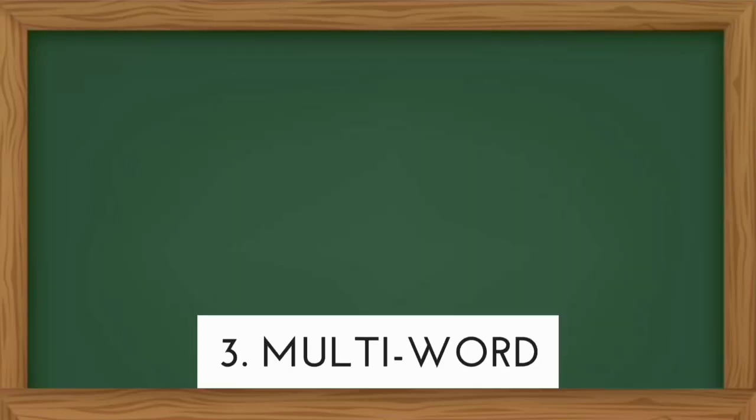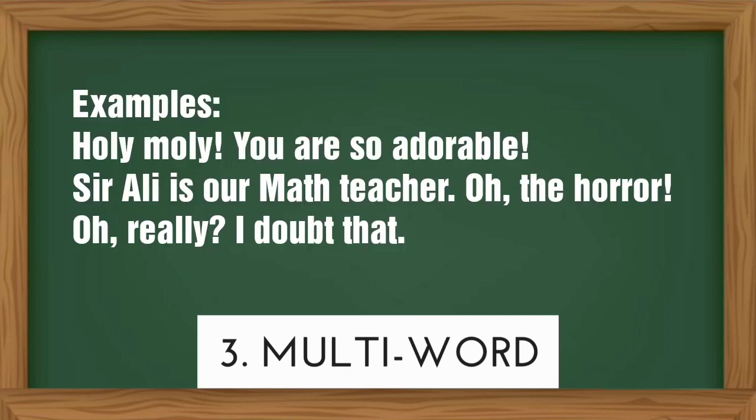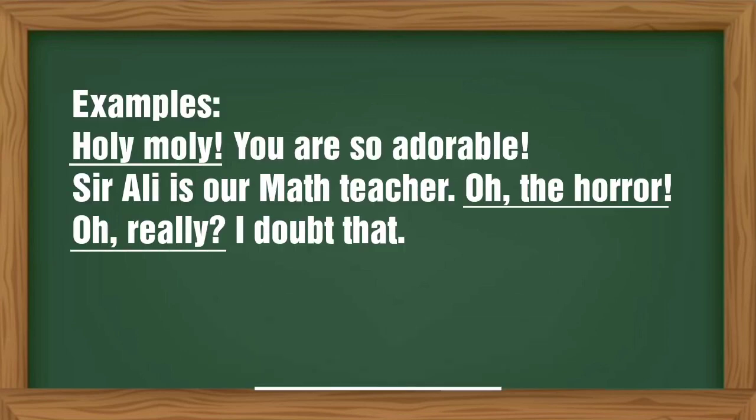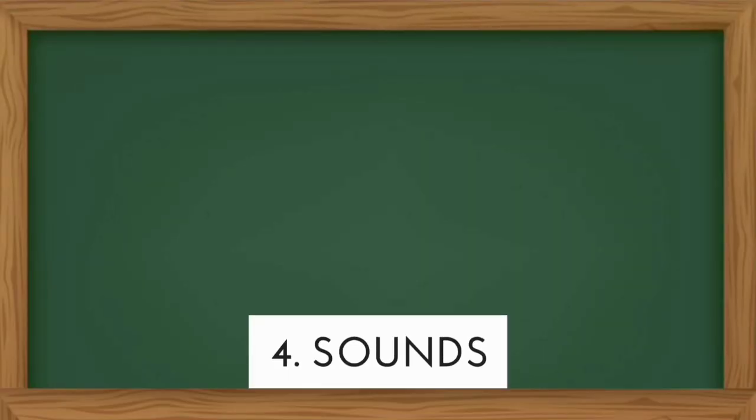The third type are the short clauses or multi-word interjections. Some interjections consist of more than one word. In the following examples, the underlined words are multi-word interjections that are used in the sentences. The fourth type are sounds. Some interjections are words from sounds.